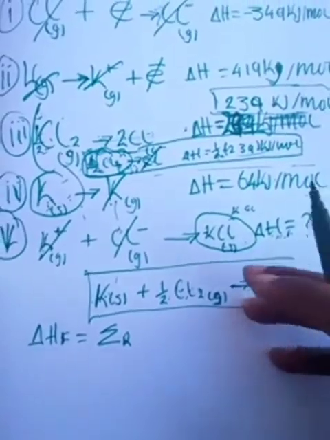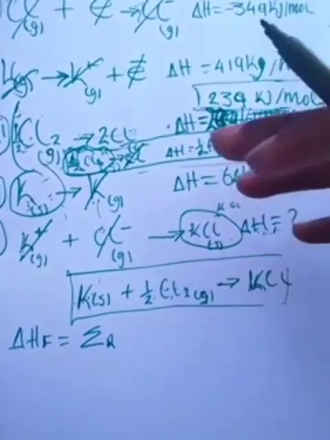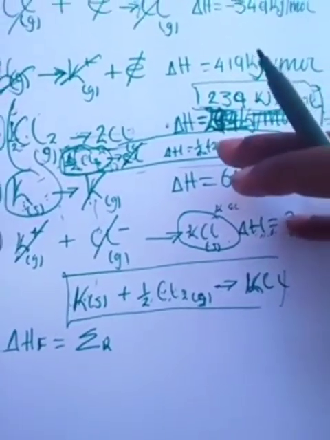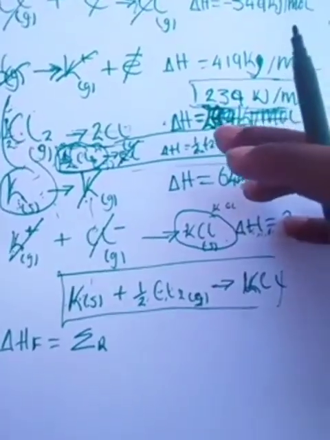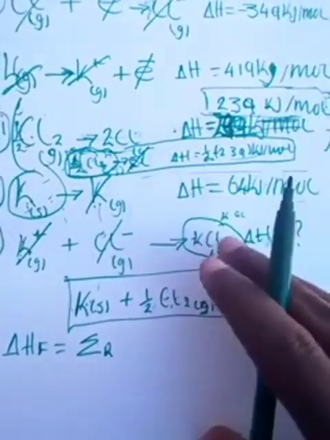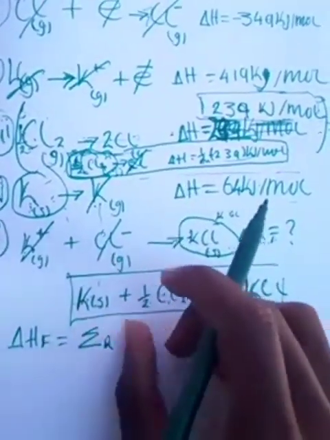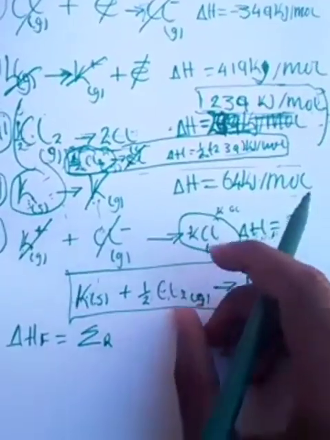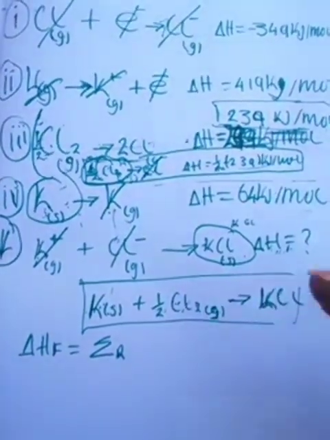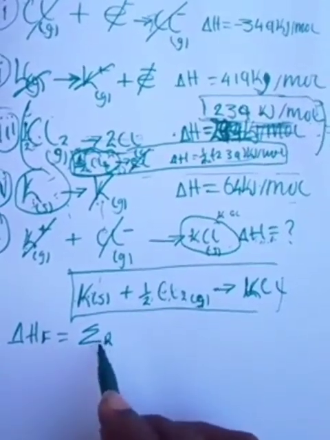Listen, or let me say it is the sum of the energies of the reactions that are available in the Haber cycle. Yeah, I think that makes more sense. So the enthalpy of formation is equal to the sum of the energies of the reactions that are available in the Haber cycle given.